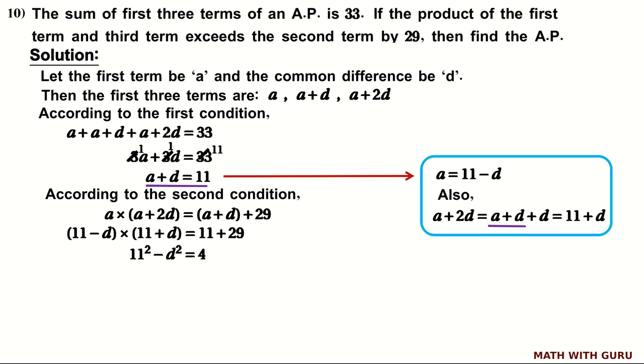Now, 11 squared minus D squared equals 40. 121 minus D squared equals 40. 121 minus 40 equals D squared. D squared equals 81. D is plus or minus root 81, so D equals plus or minus 9.